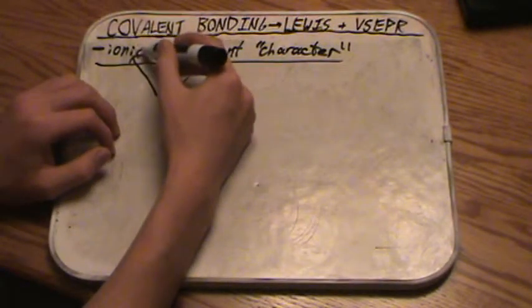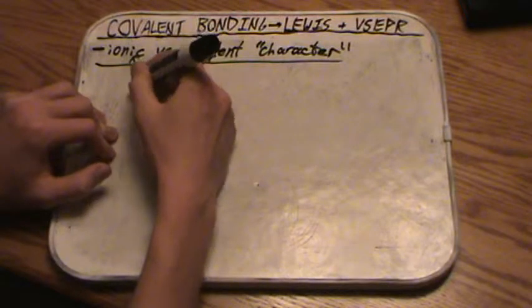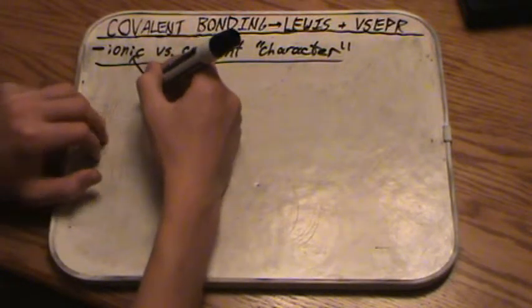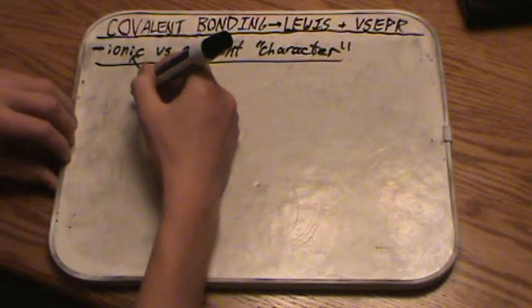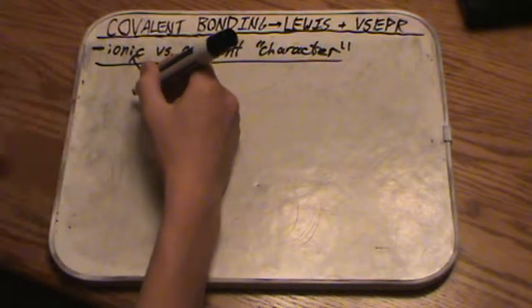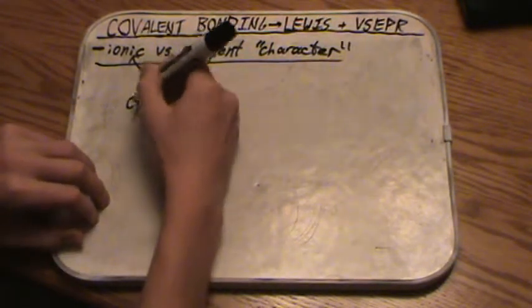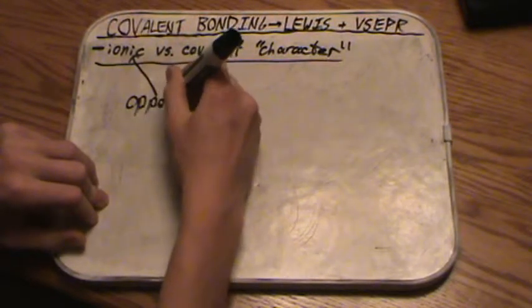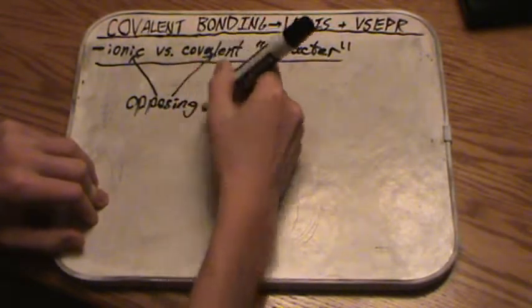These two concepts of ionic and covalent bonding are inverses, or what should I call them? I should call them opposing concepts.